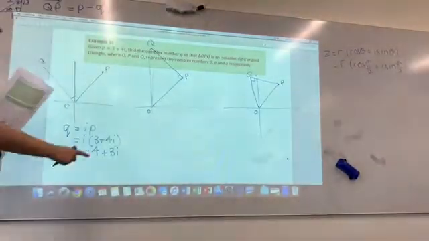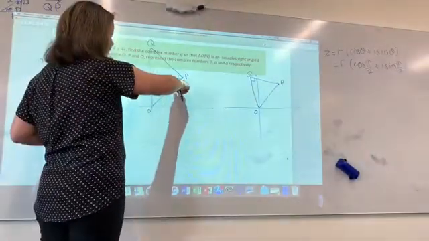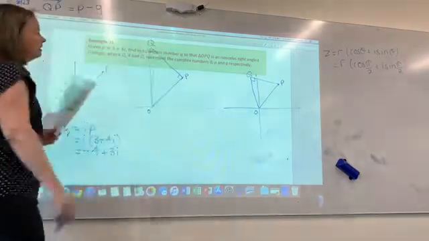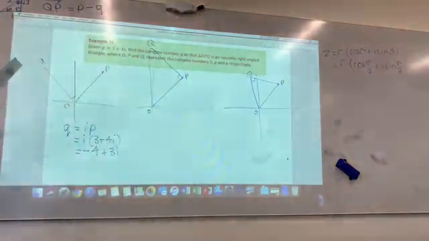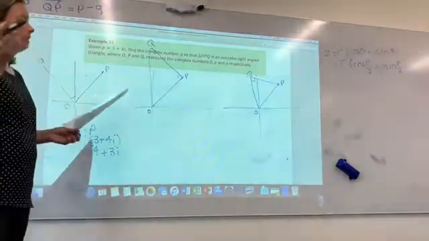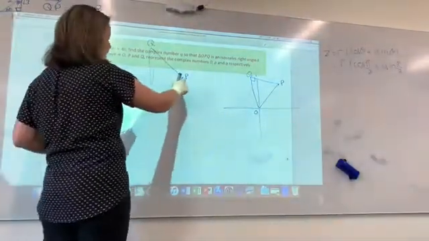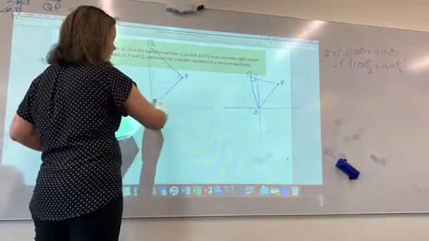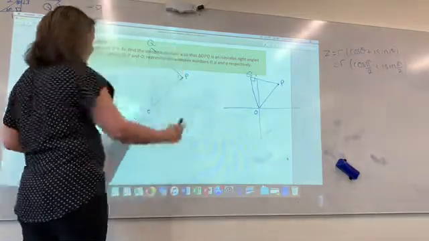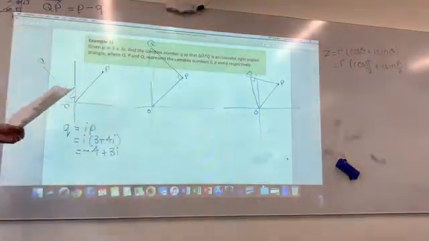Now, this next one, the line that's been rotated to get to Q, if you think of it as a vector, is PO. So it's like we're saying we're taking this number here and we're rotating it around to get to QP.